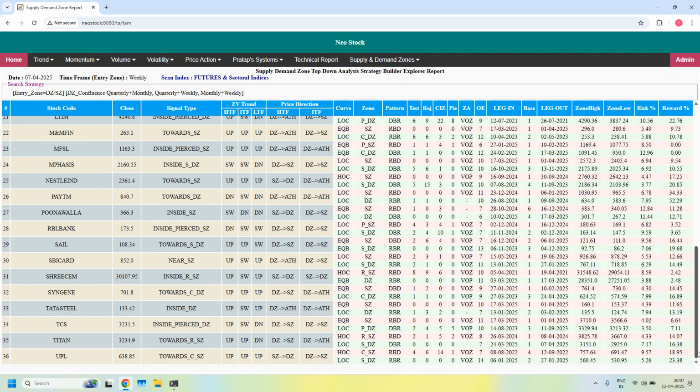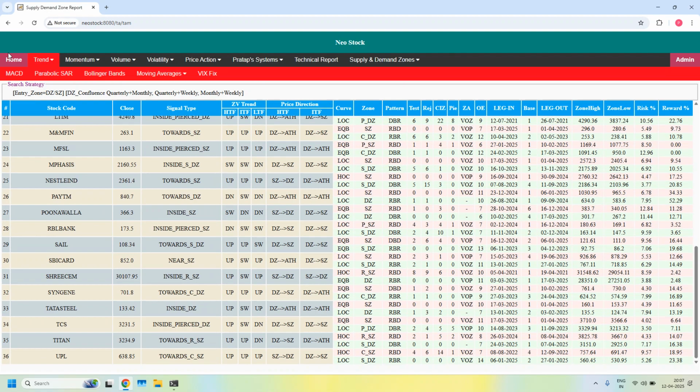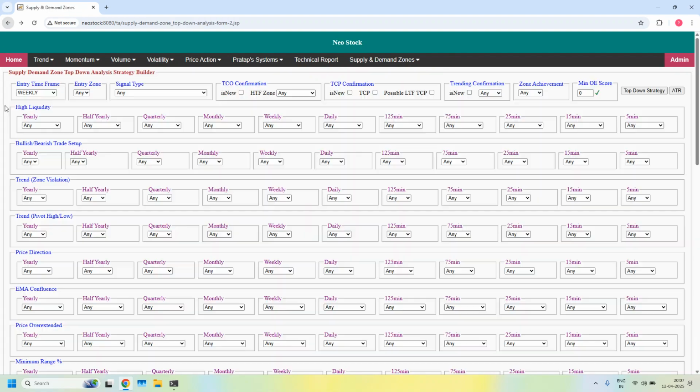Out of these 36, because weekly and monthly are part of the quarterly, let us check how many quarterly zones are having quarterly EMA confluence. Probably those weekly zones might be having much stronger order flows in that scenario. So I'm going back to the EMA confluence at quarterly time frame, because weekly together with monthly are overlapped with quarterly.